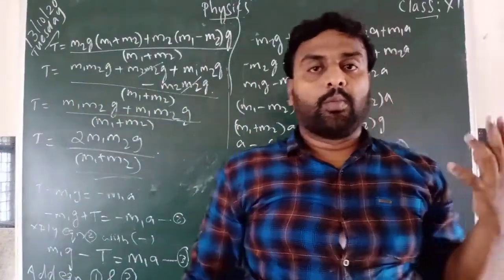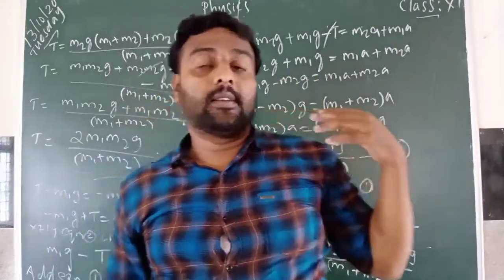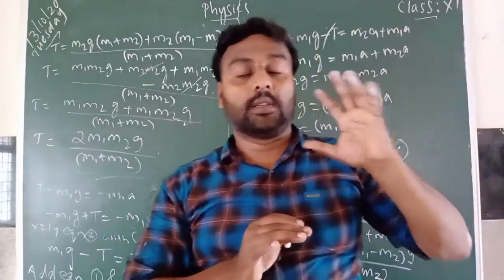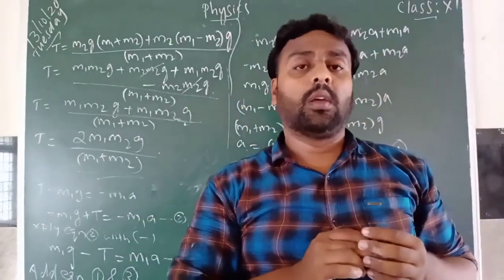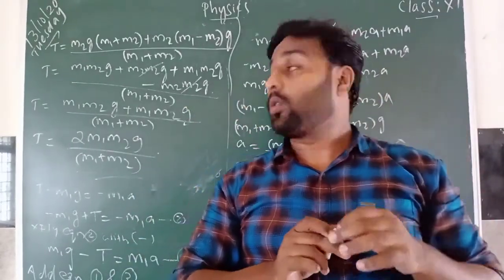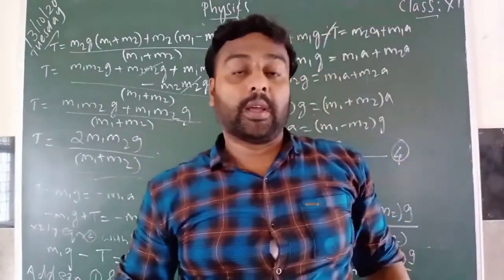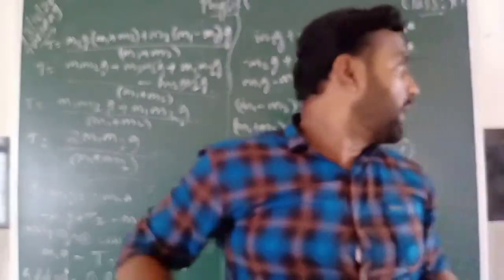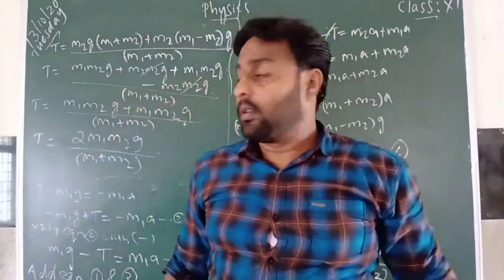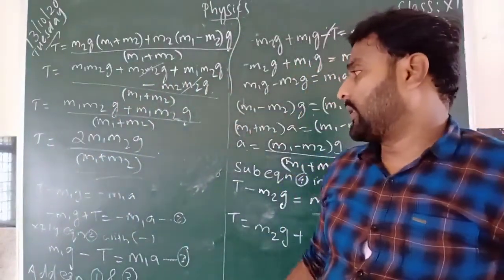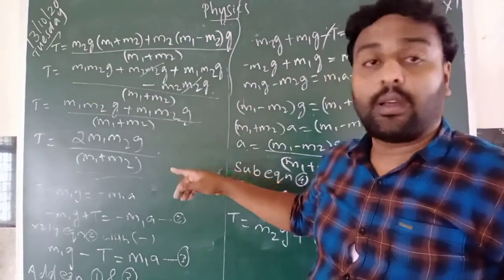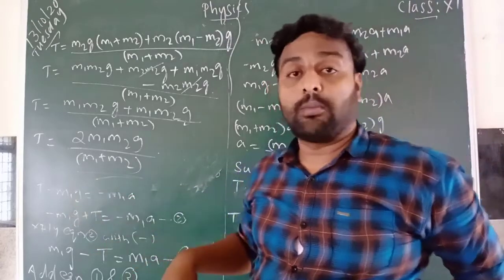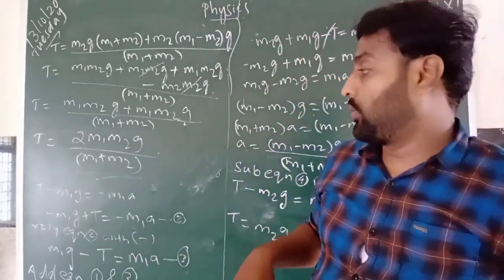Again remember how you are finding the tension. First you draw the free body diagram for mass M2 and mass M1. Then from that you have to take the equations by applying Newton's second law, using the vector components. So you will get two equations. First equation: T minus M2G equal to M2A.